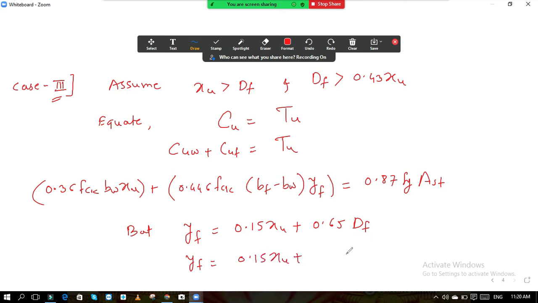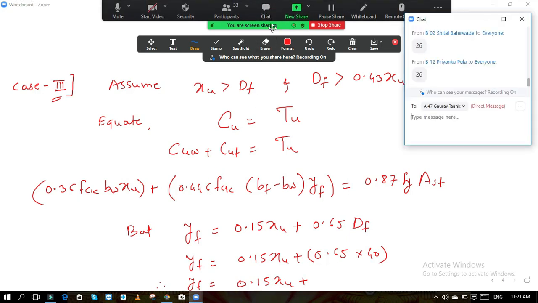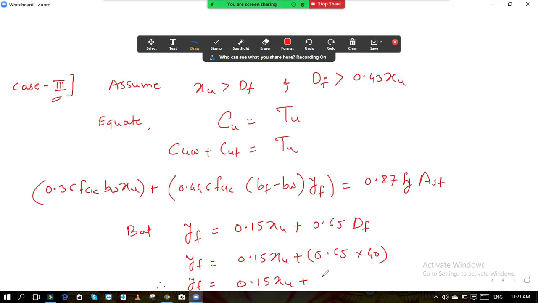But 0.65 DF means 0.65 into the value of DF, which is 40. So ultimately YF is equal to 0.15 XU plus 0.65 into 40, which is 26. This is your equation 1.